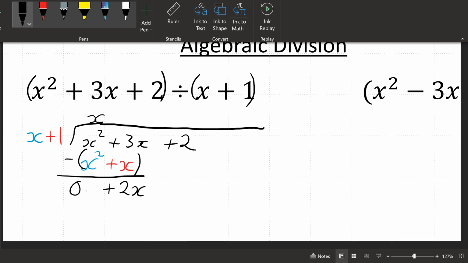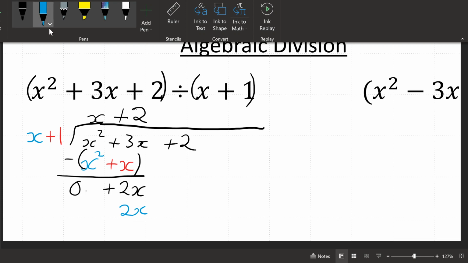Okay, now we need to do a similar thing again. So again, what can we divide? So what happens when we divide 2x by x? Well, we get plus 2. Let me do that there. Plus 2. And down below here, we're going to get 2x here.